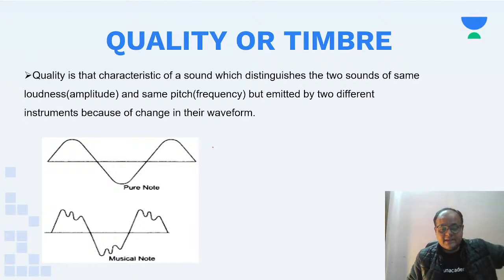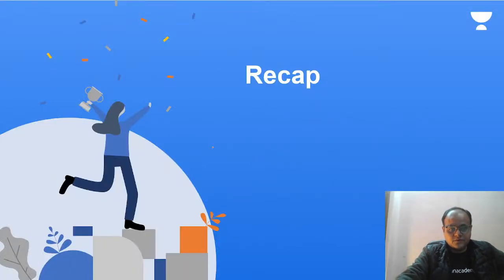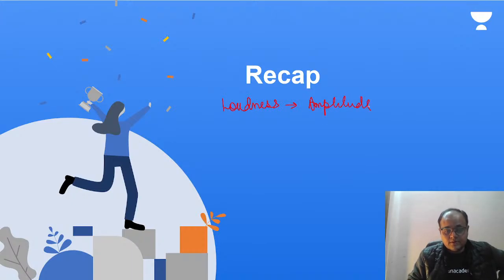Now let me summarize this before doing the questions. The very first thing that you have studied is loudness. The loudness was all about the amplitude. Then we had pitch. The pitch was all about the frequency part. And then you had the quality or timbre.